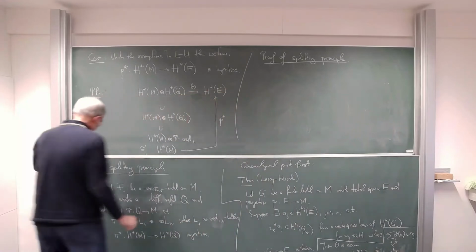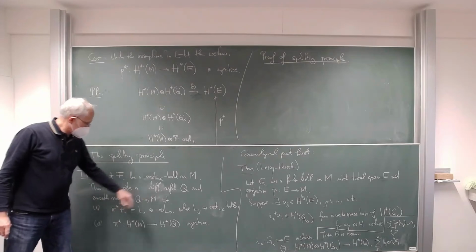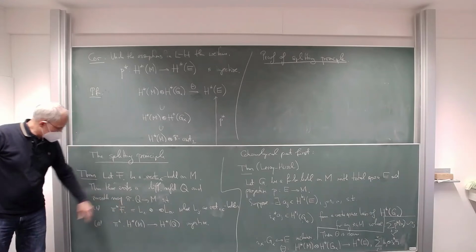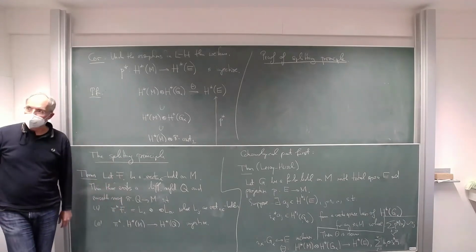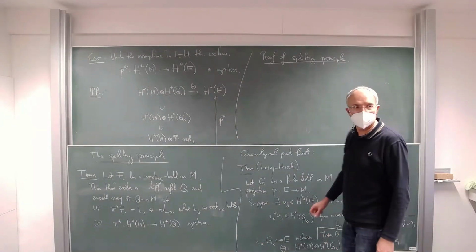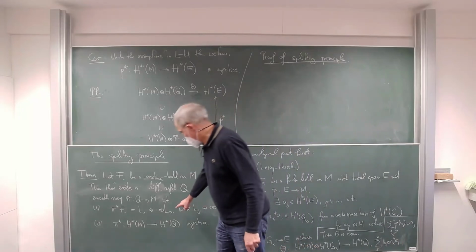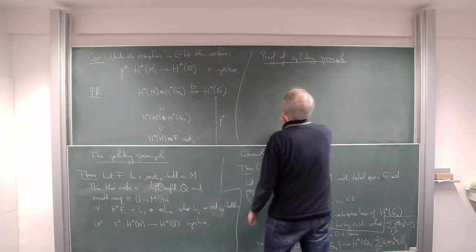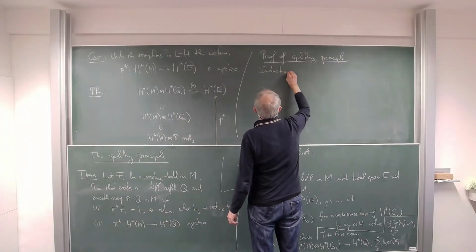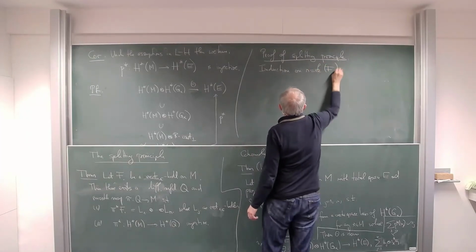We have a complex vector bundle, and we want to find a manifold Q and a map to our base manifold M, such that cohomology embeds and the pullback of the bundle splits into line bundles. And we do this proof by induction on N, which is the rank of the vector bundle.